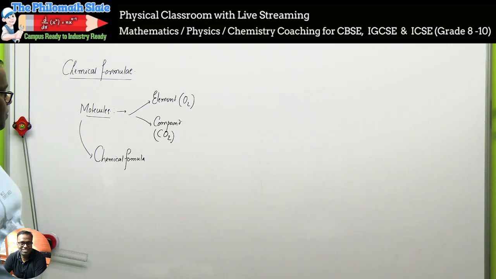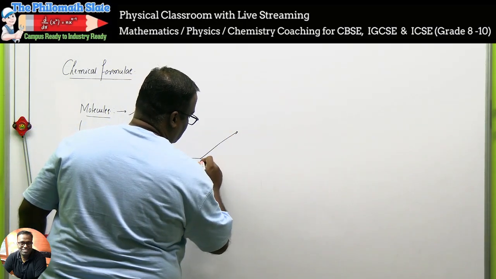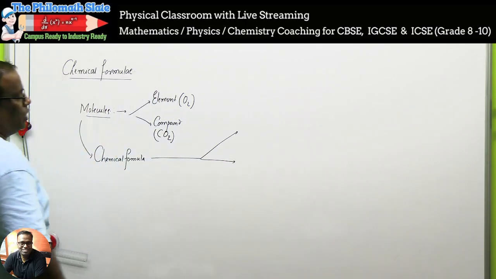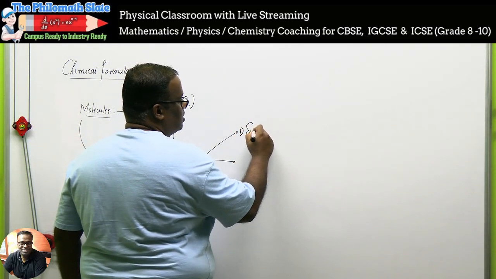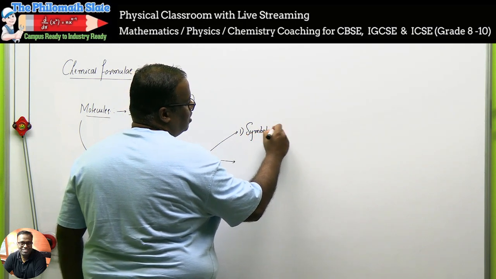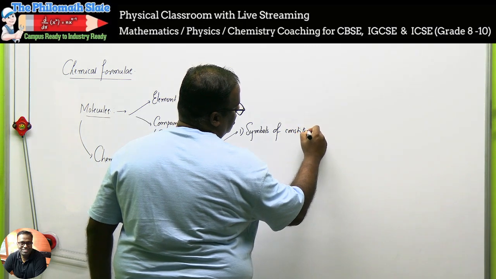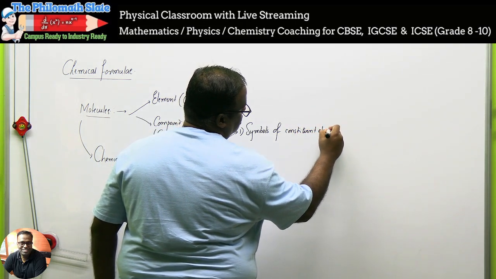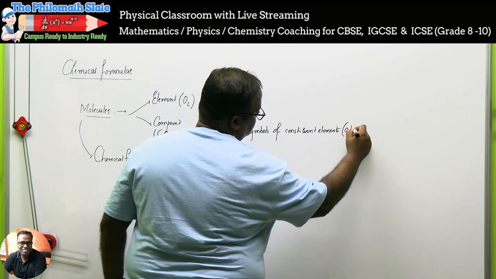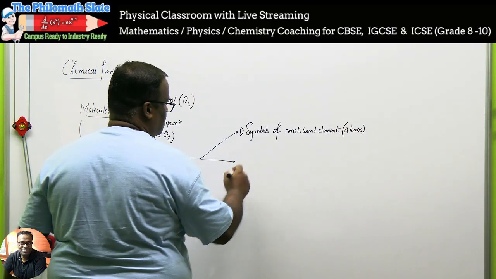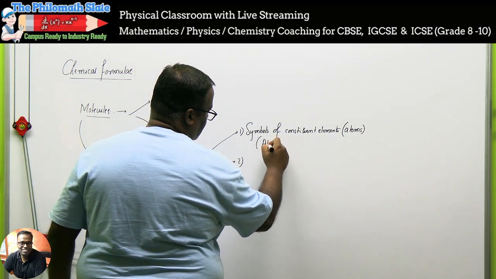So what does a chemical formula comprise of? A chemical formula comprises two things. Number one, it will have symbols of constituent elements, or rather, symbols of constituent atoms. So this is the alpha part.